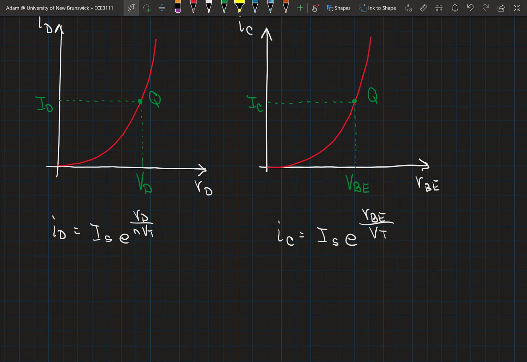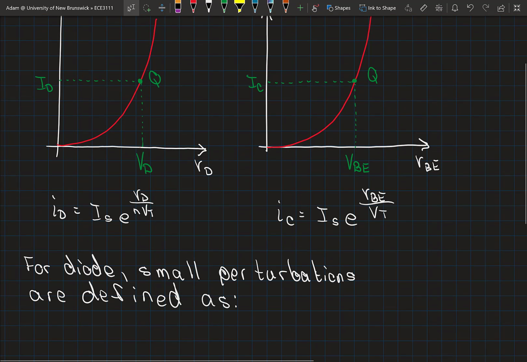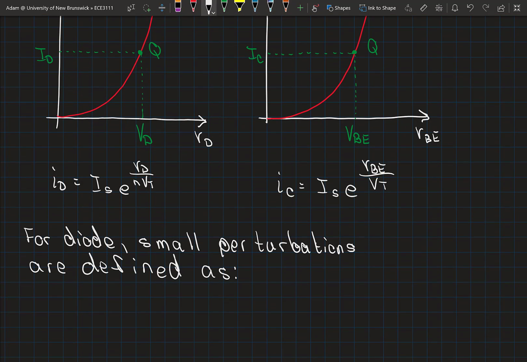And you might recall that we went through some derivations to show that for a diode we could define small perturbations, or small signals, as signals that were less than n VT, our ideality factor times our thermal voltage.